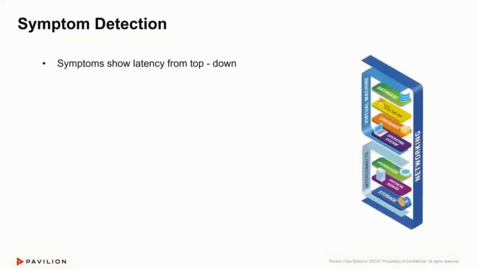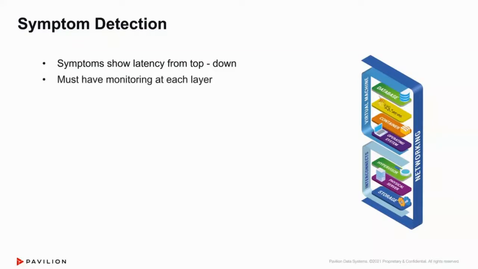So if you take a look at the infrastructure stack here, literally there's storage, there's interconnects and networking, there's physical server, the hypervisor, the virtual machine architecture, the operating system. If you're running containers, that too, the SQL Server instance, then the database, and really you go into the filegroup and then the data file. The symptoms manifest at the top and get worse the closer to the top that you get.